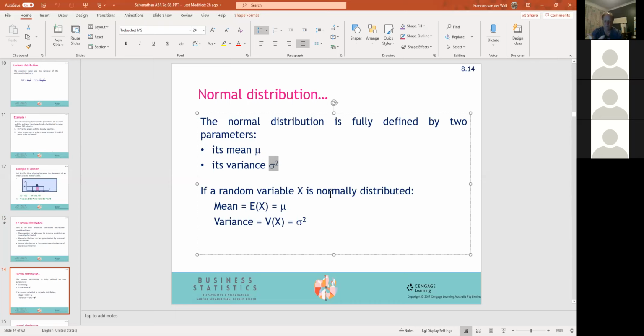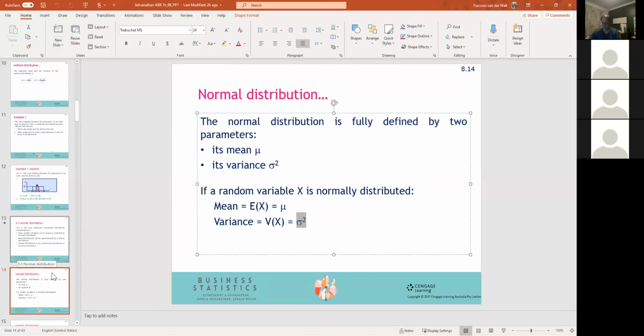One is the equivalent of the mean, which is mu, and the other one is the variance. If you understand where the centrality of the data is, and you understand how it's distributed, you know, in theory, the whole function. So if a random variable is normally distributed, the expected value is mu, and the variance is sigma squared. Okay?